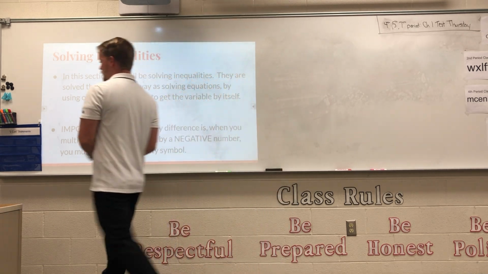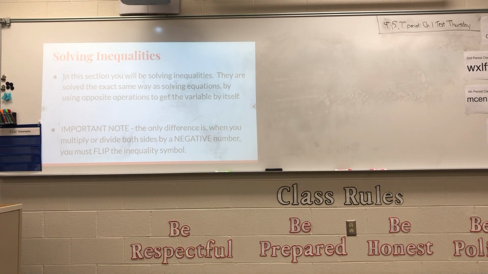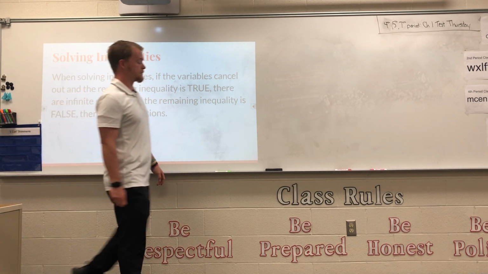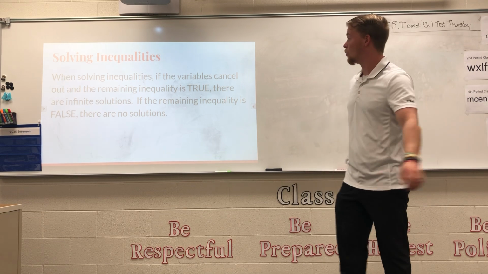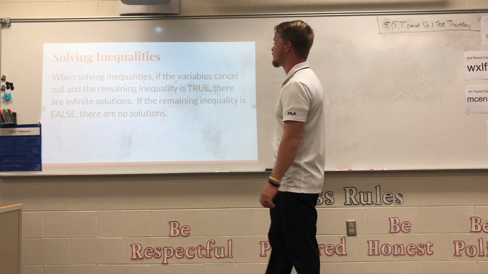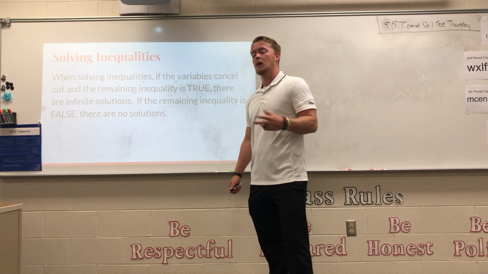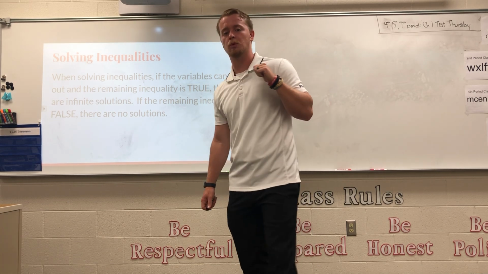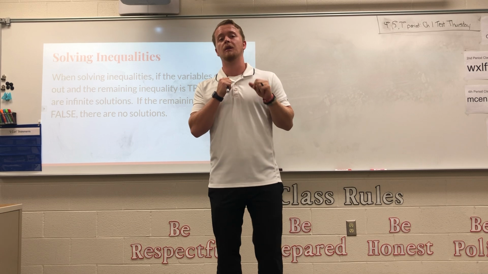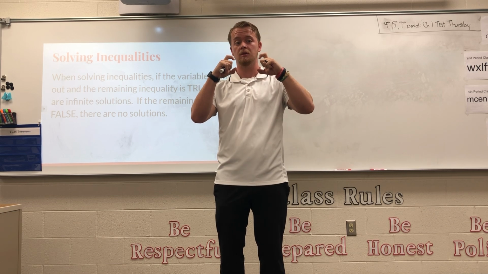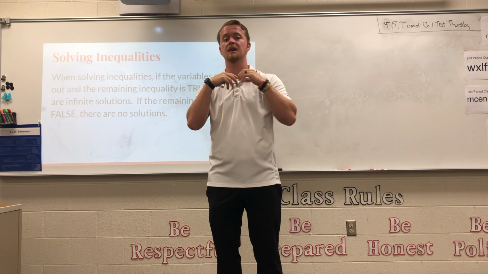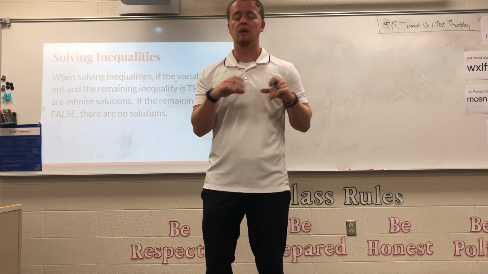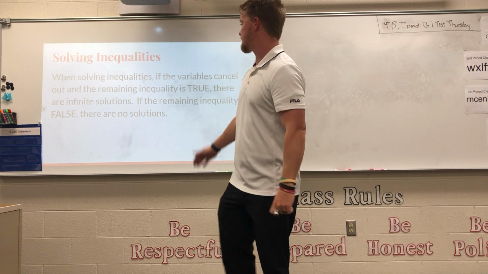So let's look at what this might look like as far as solving inequalities. First, this says, when solving inequalities, if the variables cancel out. So this is also talking about what we talked about in chapter 1, where if the variables cancel out and the numbers match on both sides, it is infinite solutions. If the numbers didn't match in the first section, it was no solution. So this is along the same lines.